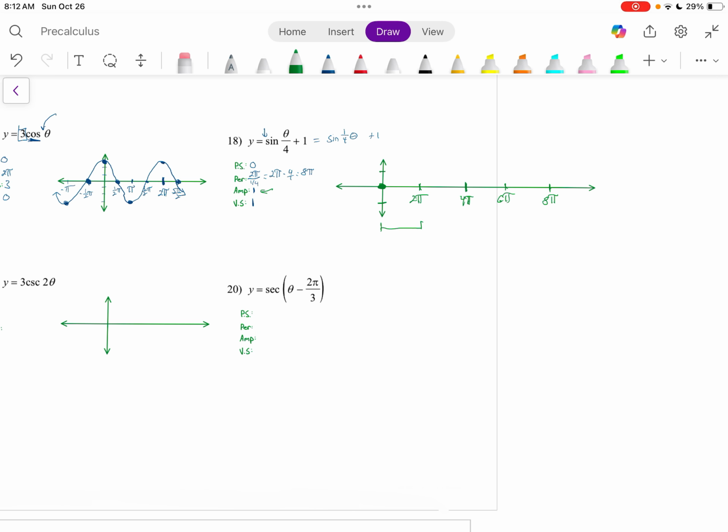So sine starts at 0, it's up to 1, back down to 0, to -1, back up to 0. We could put a 10 pi in here, and that would go back up to 1. We could put a -2 pi over here, and that would be down to -1. And so here's the graph.